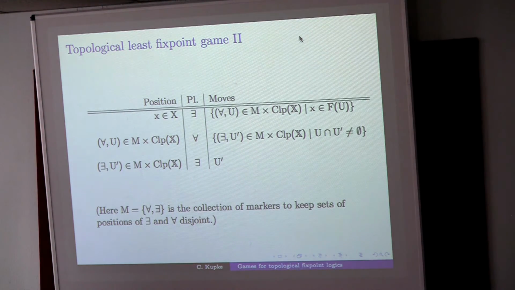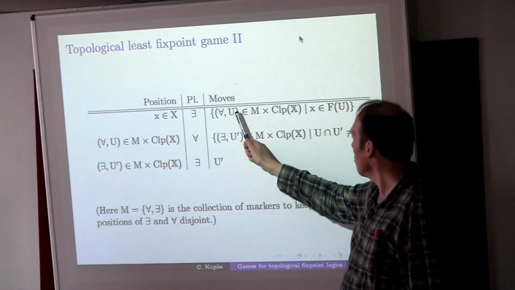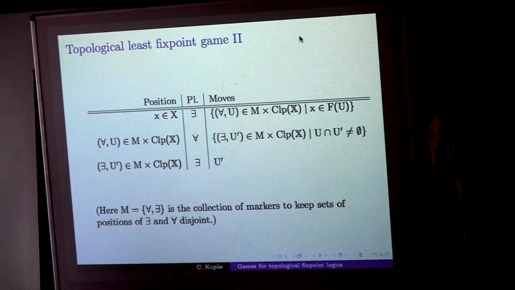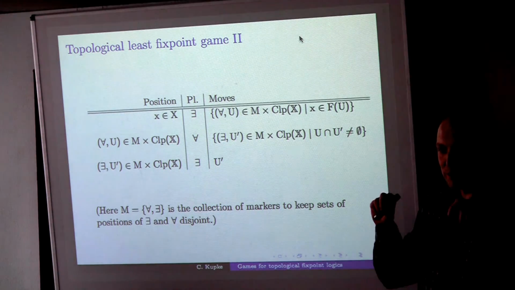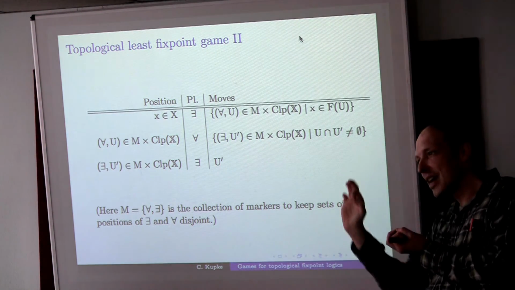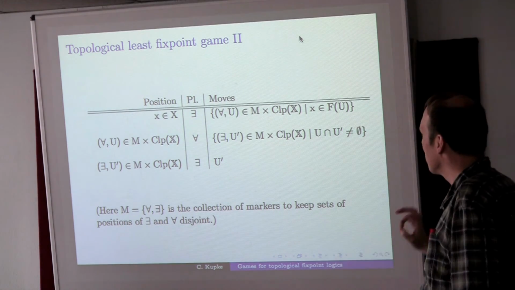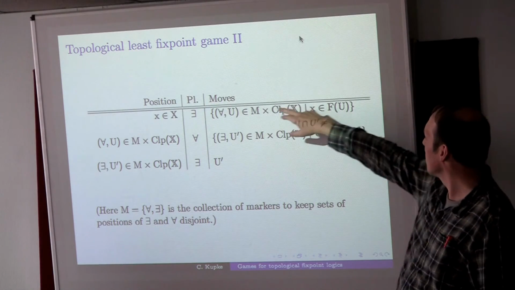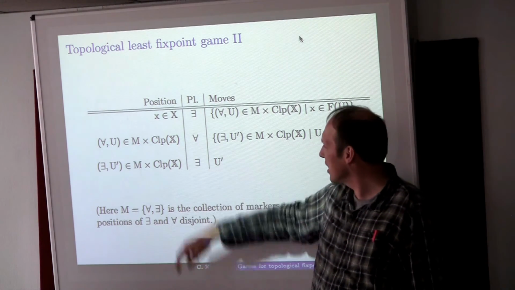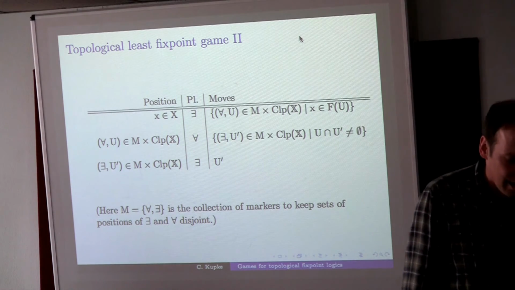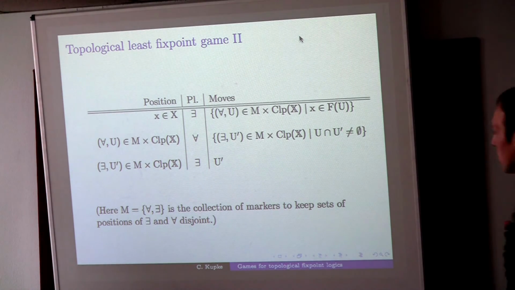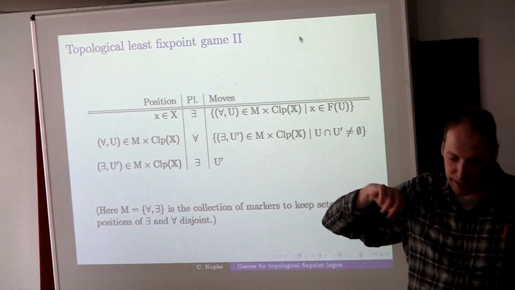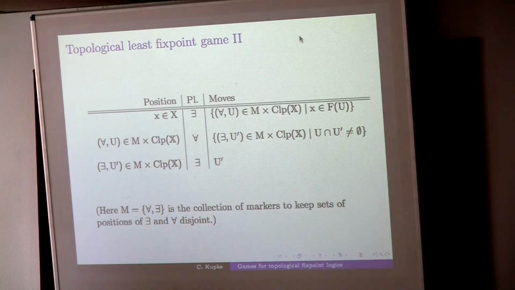And the other game would be she's moving to a clopen set U such that X is in F of U. But now Abelard is not allowed to pick just an element of the clopen set because he could pick an element of the edge of the clopen set. So he has to come up with another clopen set which has a non-empty intersection with the original one. And then Eloise picks an element from the non-empty intersection. In that way we make sure that wherever we continue, we continue in the interior of where we started, not at the edge. That's important.